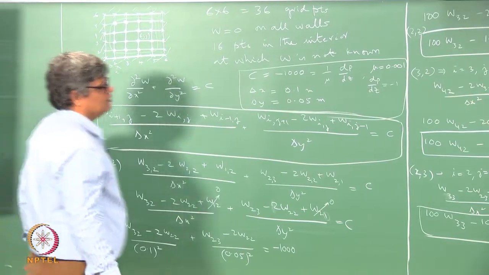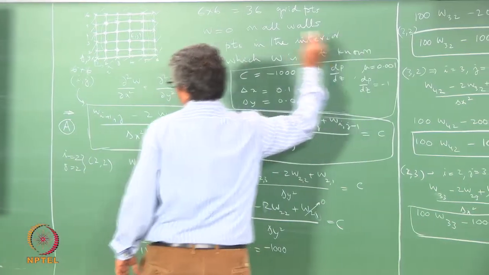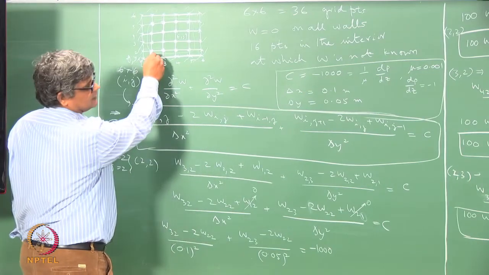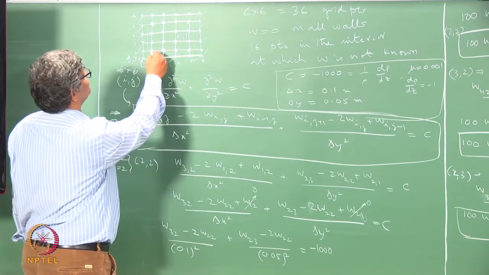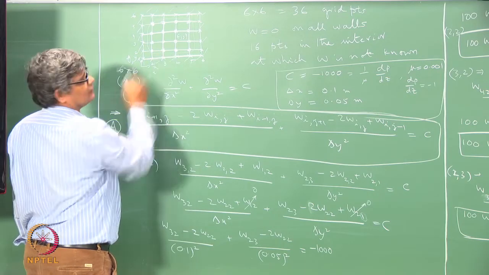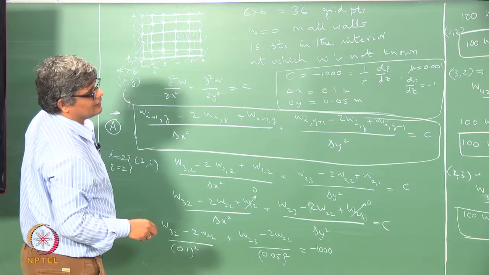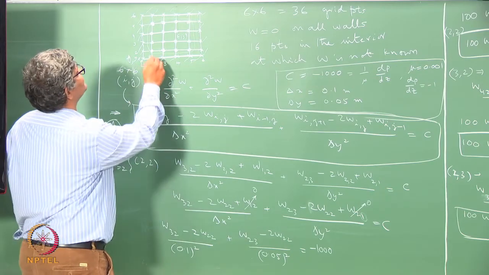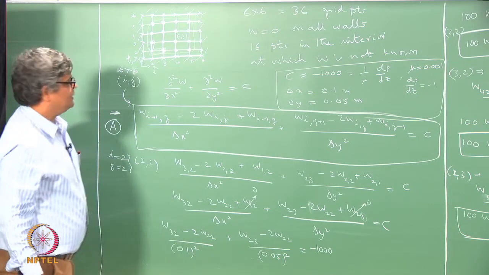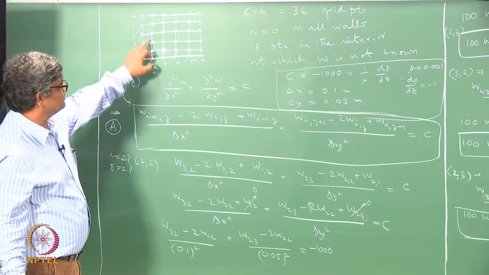So, when we look at point (2,2), that is this one here, we have the value here, and then (3,2) is this point, okay, and (2,3) is this point here. So, these are linked to these two.